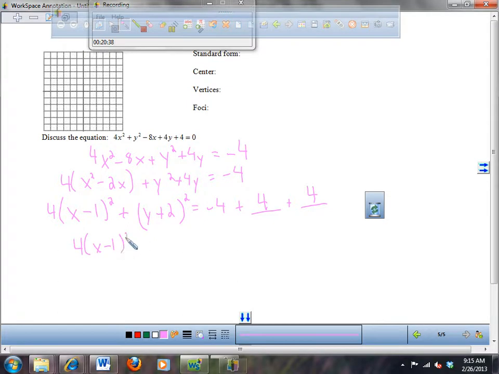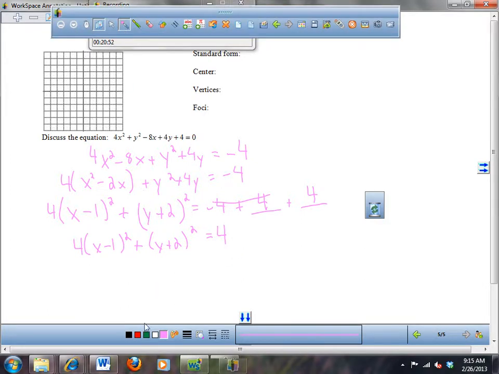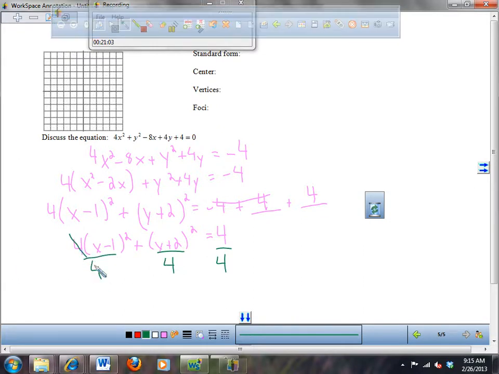There's a lot of steps here. Minus 1 squared plus (y plus 2) squared equals 4. And now I need to get a 1 on this side, which works out pretty well for us. How do I turn that into a 1? Divide by 4. Divide everything by 4, and this goes away and turns into a 1.